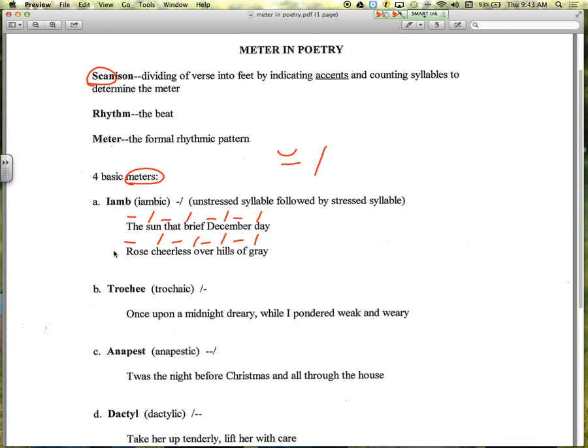So if we were marking it, you would go, once upon a midnight dreary, while I pondered weak and weary. Again, every syllable has a mark. Midnight has 2 syllables. Dreary has 2 syllables. Weary has 2 syllables. Another thing you might notice is words like and, of are hardly ever stressed.